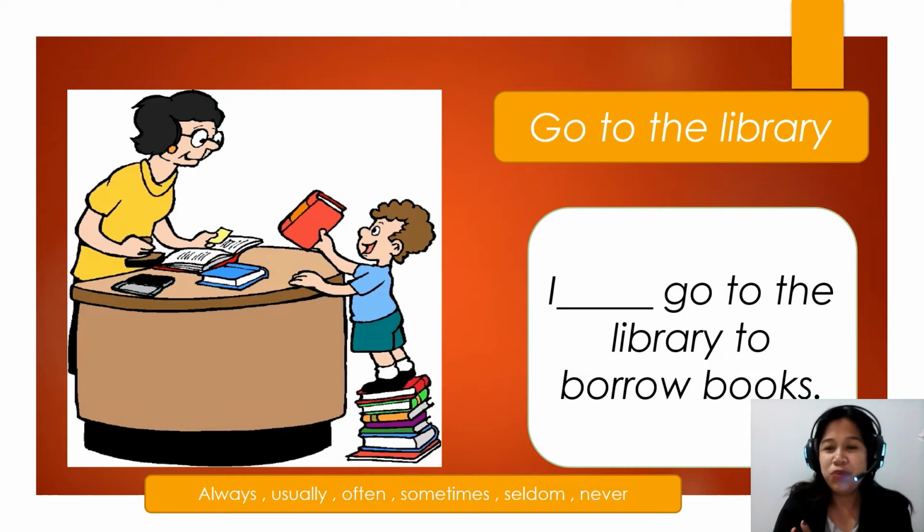What would be your sentence? For me, I would say, I often go to the library to borrow books. How about you? I hope you are borrowing some books from the library. Okay, let's take a look at the next picture.